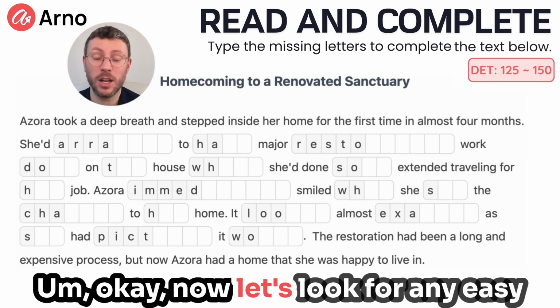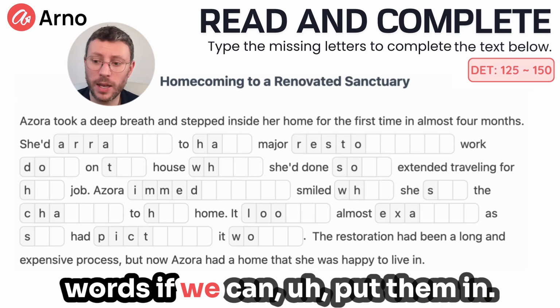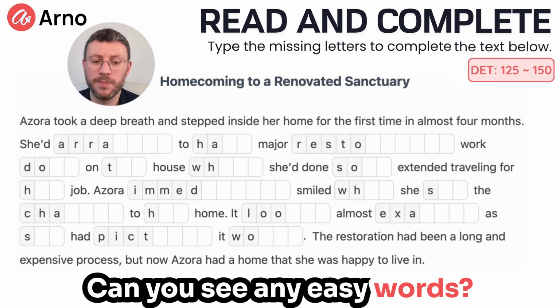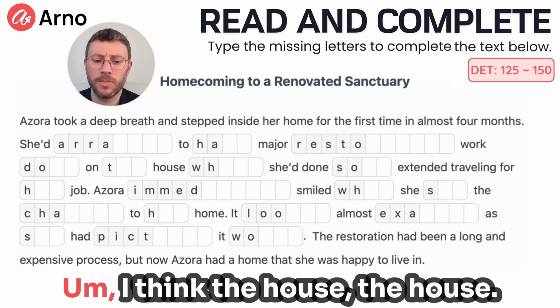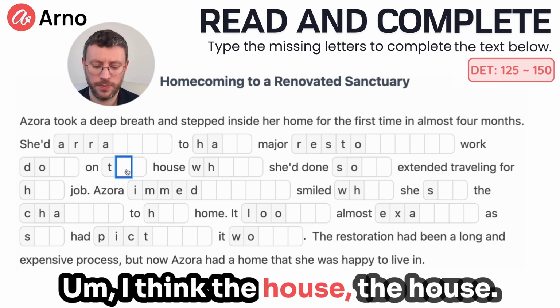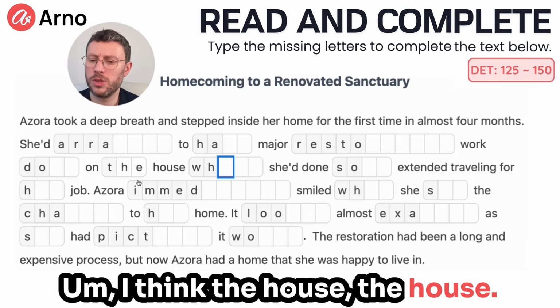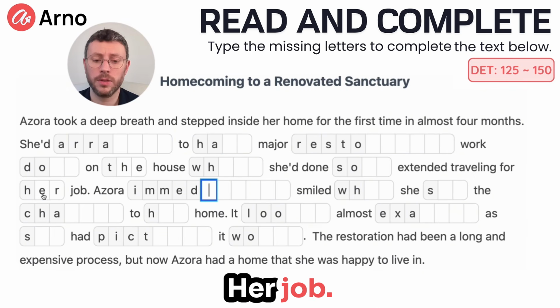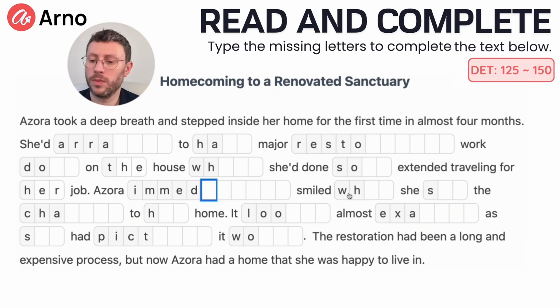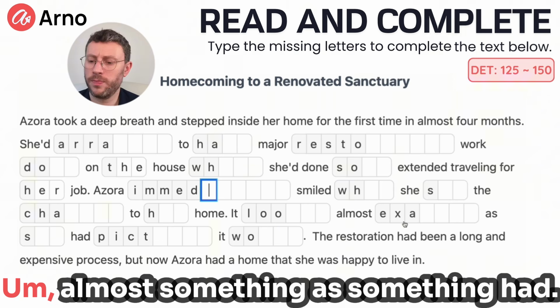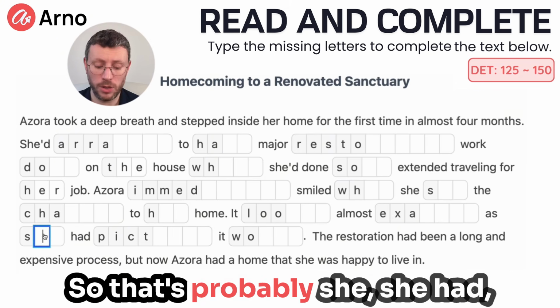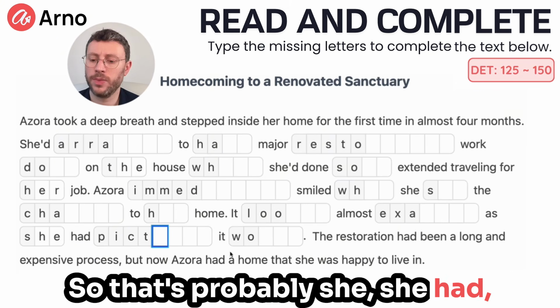Okay, now let's look for any easy words if we can put them in. Can you see any easy words? I think the house, her job, almost something as something had, so that's probably she had.